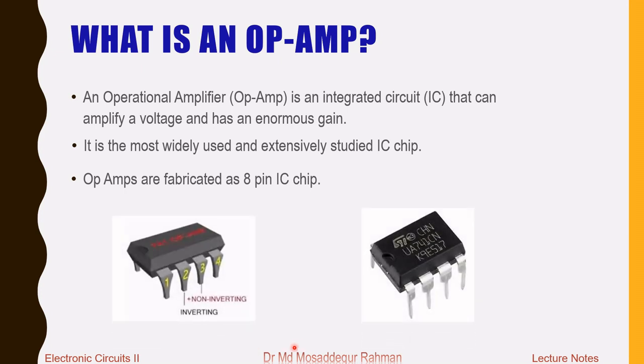How does it look? Here are the diagrams for the IC chip. That's how they look, and they have 8 pins. You can see how they're numbered here, and you see there's a notch right at the front. Sometimes you'll have either a notch or a dot on the top, and that gives you an indication of how to count the pins.